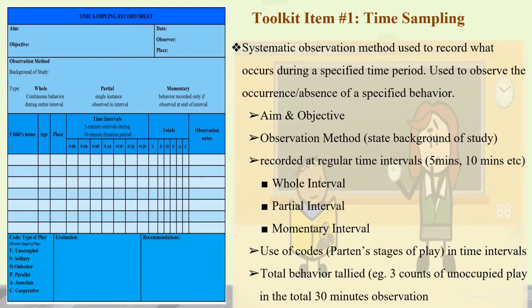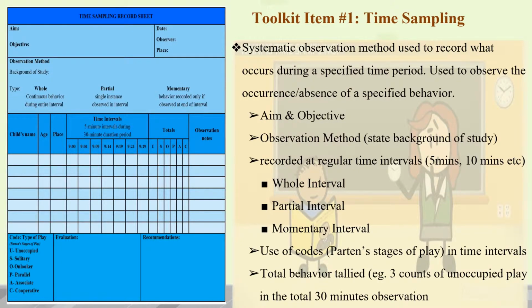Under the observation method, you would record the background of the study, and this would include information about the child. This form can be used to record one child, or you can use it to observe more than one child, a group of children that you are concerned about.